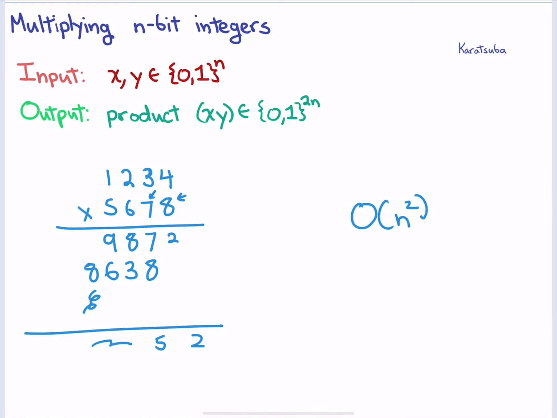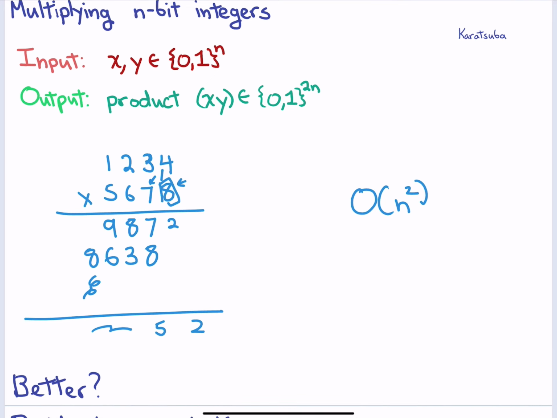So roughly, this digit, 8, got compared to every digit in the top row, and then the next 7 got compared to everyone. So I'm multiplying all pairs of digits with each other. That would also be true if we were doing this in binary. So the question is, can you do better?